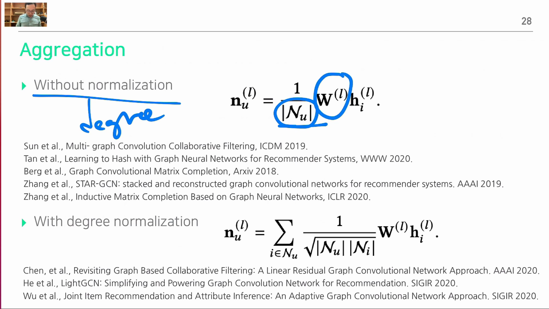Here we consider degree normalization. So we additionally consider the neighbors, the elements in the neighboring nodes, and we compute this normalization constant, considering the degree normalization constraint, and decide the final representation of the user at the current layer.